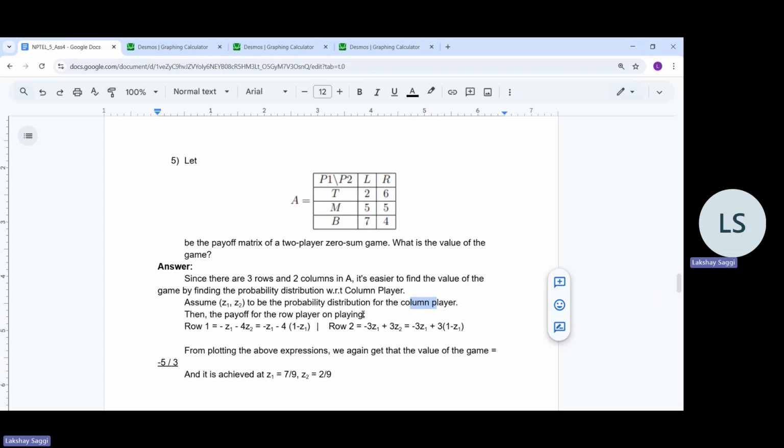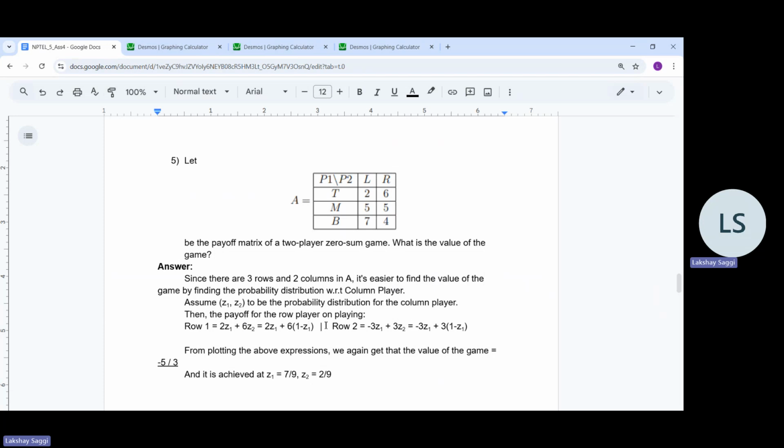If the row player plays row 1, the payoff will be 2 times Z1 plus 6 times Z2, which is 2 times Z1 plus, replacing Z2 by 1 minus Z1, 6 times 1 minus Z1.